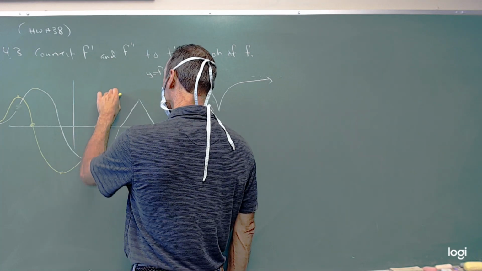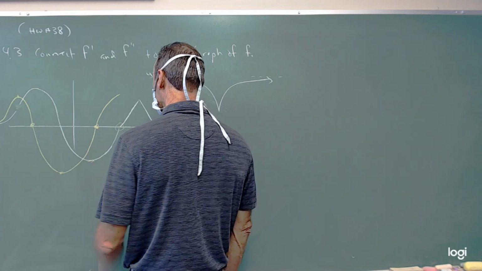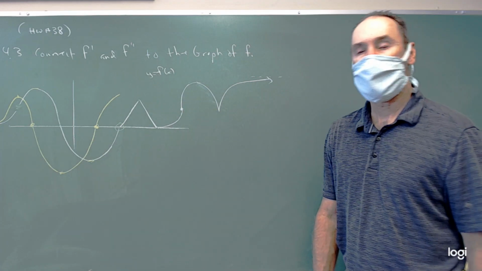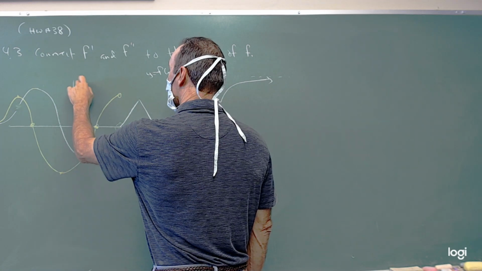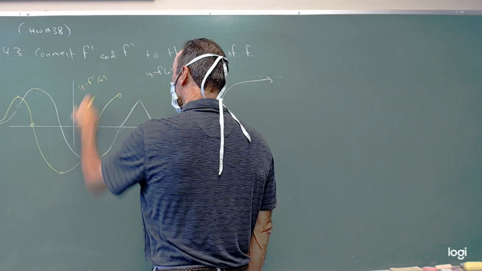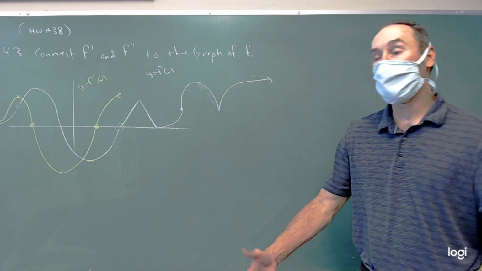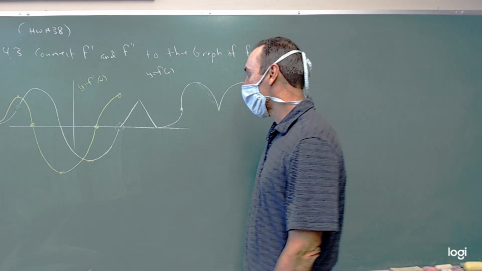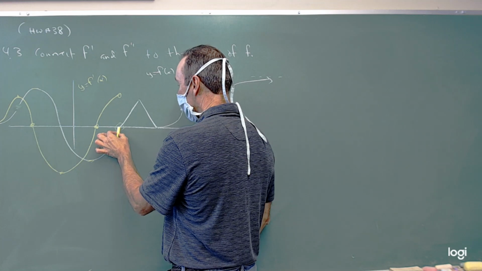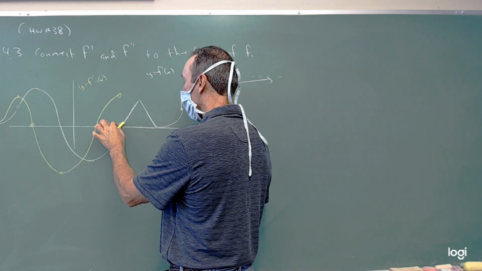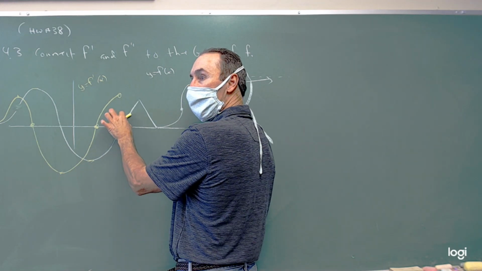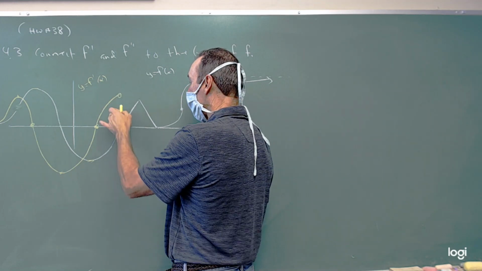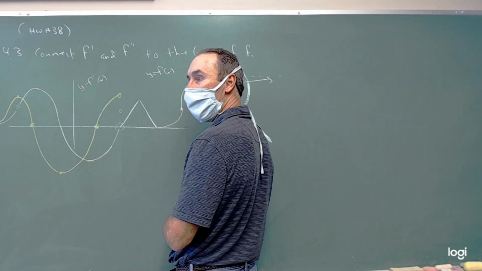And then when we get to this place here, that's a corner point. So that means it's going to be undefined in the derivative. So I'm graphing y equals f prime here. That means there's going to be a blank spot in the derivative. And so then we try to read, it looks like this was a bigger positive number than here. So as we transition from this piece to this piece, the derivative is going to drop down, something like that.